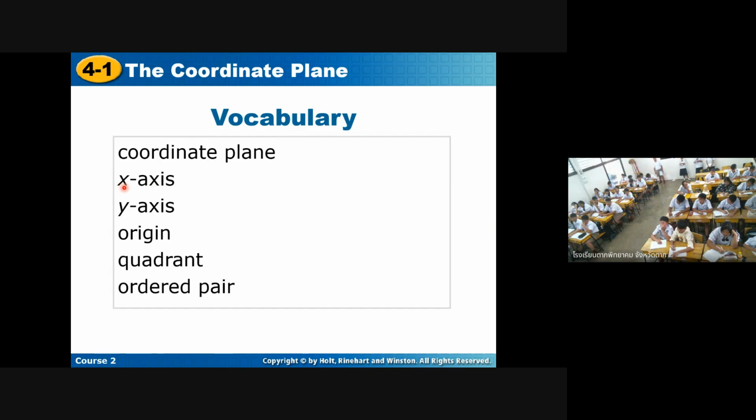X axis. This one is Y axis. And we have origin. Everyone, origin. This one is, everyone, what is this? Quadrant.